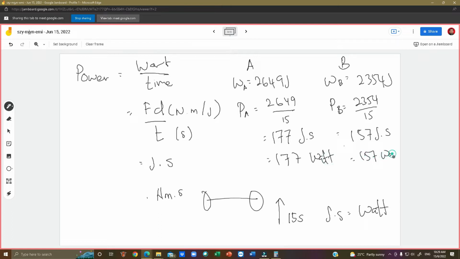157 watt. So now, although B is conducting lesser work in order to reach the same objective, since B and A perform the same objective in the same time, A is much more powerful because he does more work within the same time.